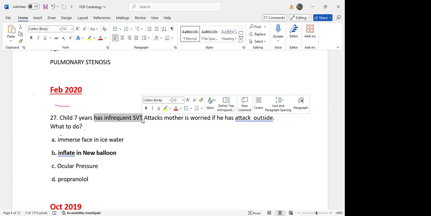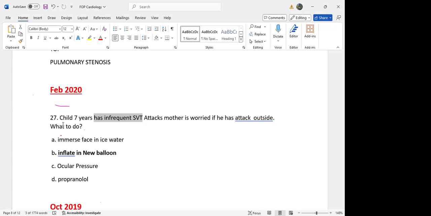So this is a 7-year-old child with infrequent SVT attacks. Mother is worried if he has an attack outside, so they are asking about management outside the hospital. What advice will you give her? You will advise the Valsalva maneuver.